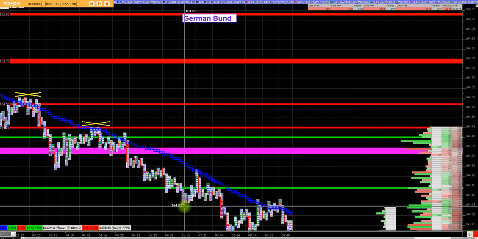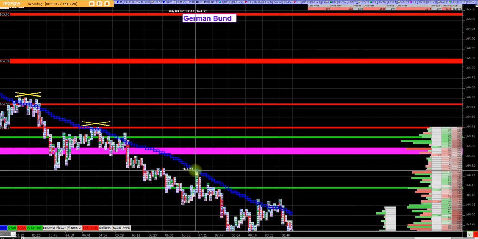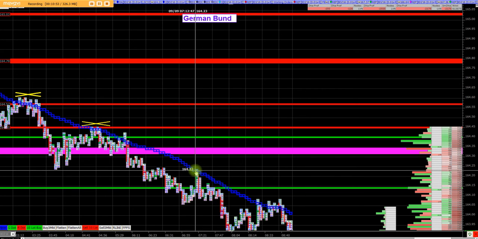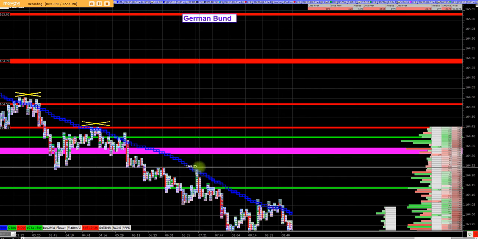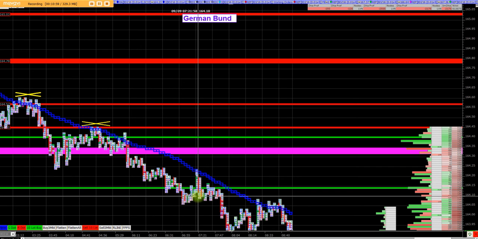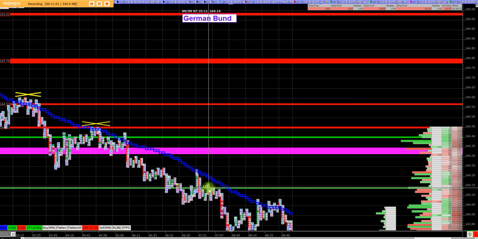So we break lower, then we come right back up to where? Our Mr. 33. My favorite moving average in the whole world. We come back up to Mr. 33, can't break it, break down hard, come back to where these longs were. Once again, they can't do a damn thing with it. The bulls cannot do a damn thing with it.